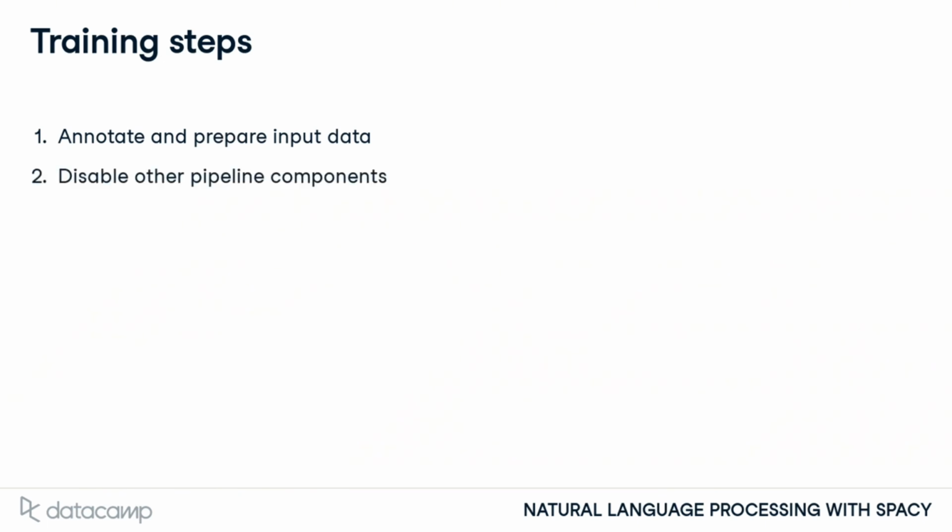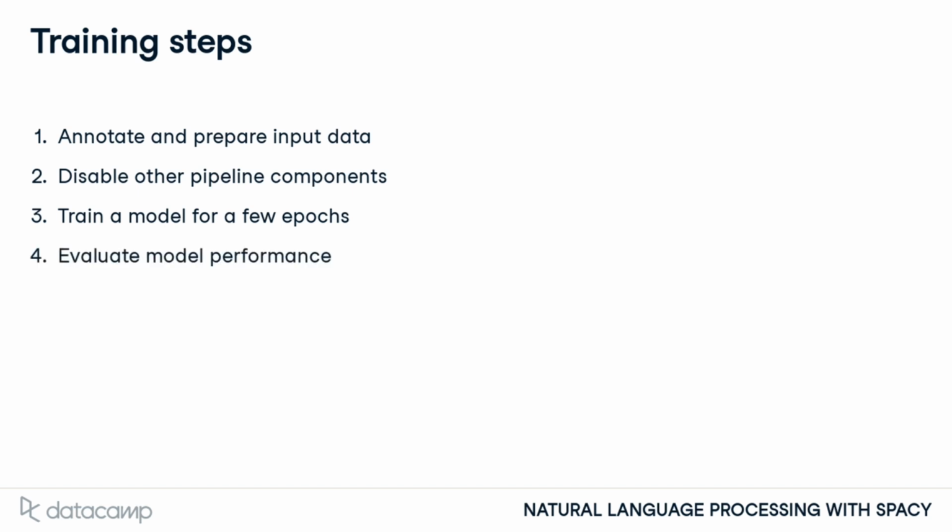For example, for training an NER component, we need to disable all other pipeline components such as part of speech tagger and dependency parser. We then feed our examples to the training procedure and evaluate the new NER model performance. Let's learn more about each of these steps.